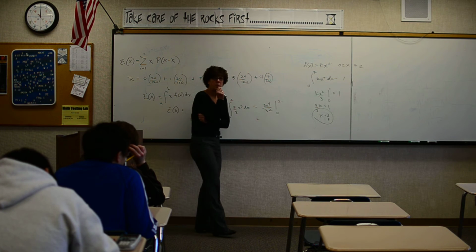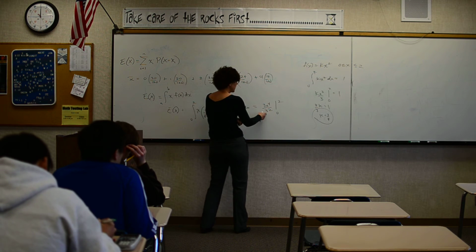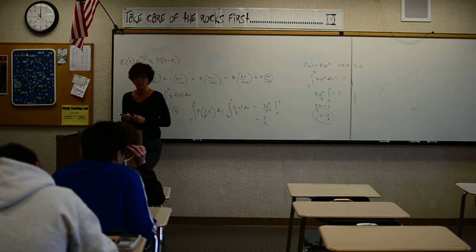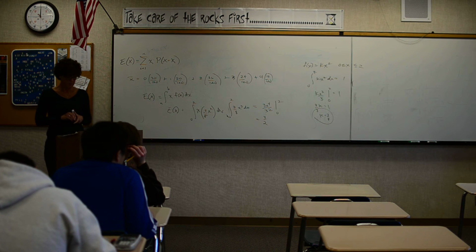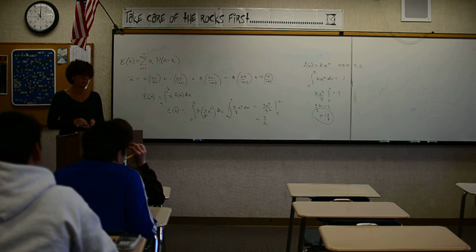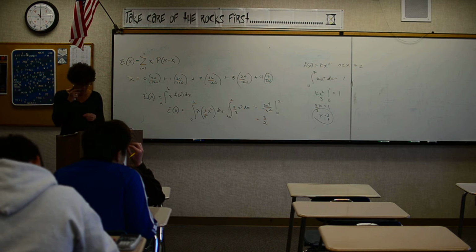Wait, no, 2 to the 4th is 16. 16 goes into 32 twice, so 3/2 is my mean. 1.5. And don't forget your mean had better be between 0 and 2, because those are the values that you're looking at.